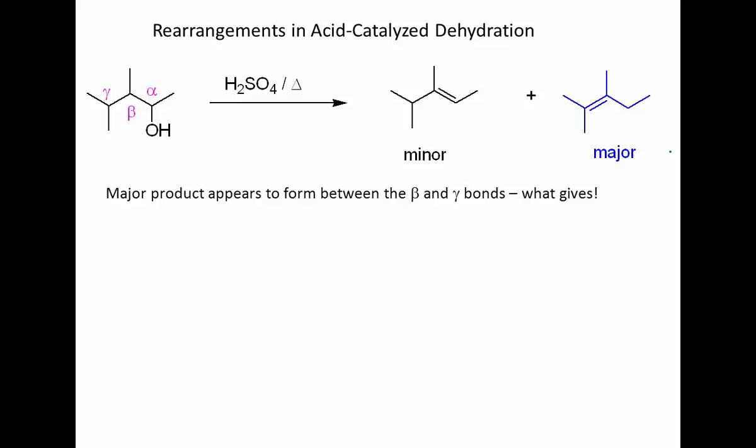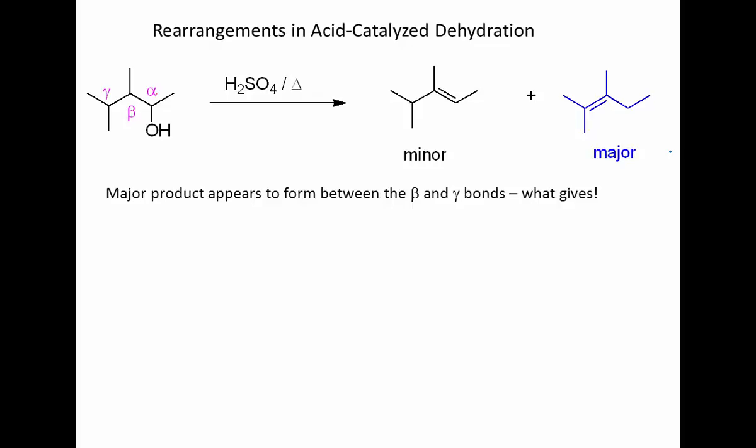Here's a kind of an unusual case here, and this is where you have to really pay attention, okay? A lot of people say that organic chemistry becomes a hard course when the carbocations start rearranging, okay?